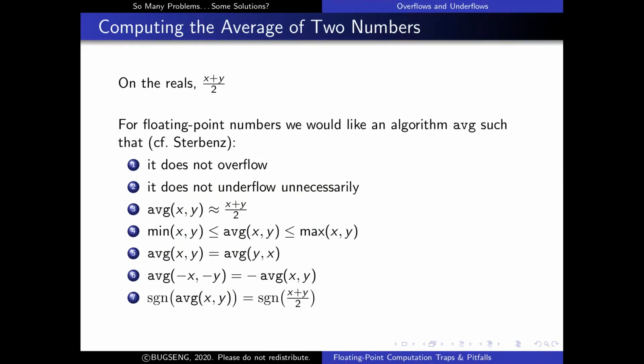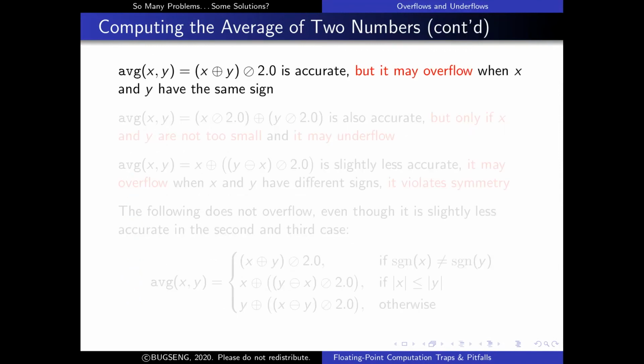Okay, so let's see a few possibilities. So first we have the naive algorithm. So we take the specification x plus y divided by 2, and we translate it into a floating point program. This is quite accurate.